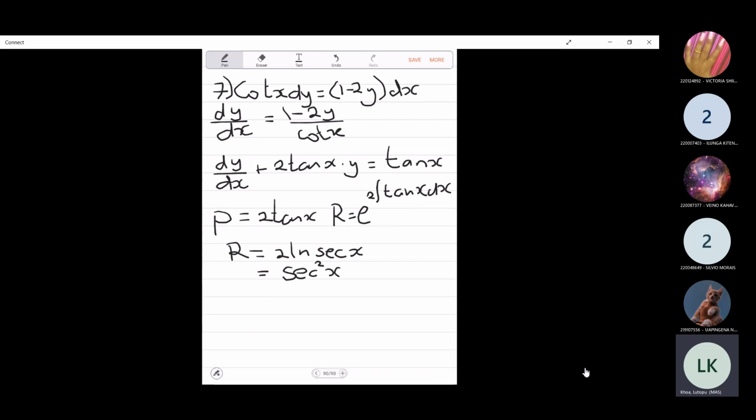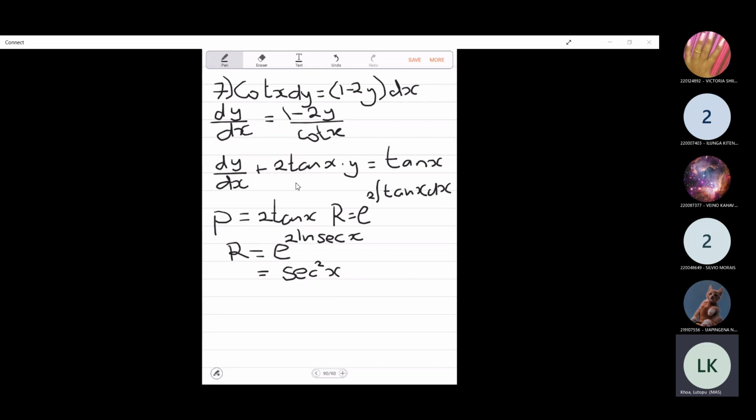Just a moment. Okay, so sorry, the way I wrote this is not correct. This is e to ln of sec squared x, then it becomes sec squared of x.